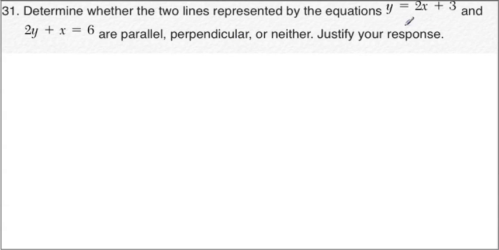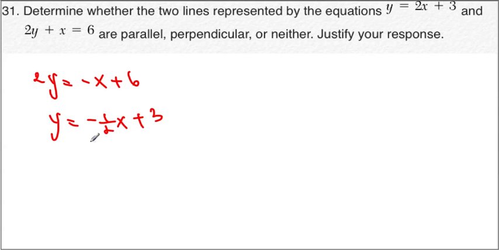What do you realize about these two lines? In order for us to do that, what we need to do is put them into y equals mx plus b format. So subtracting x from both sides, we have 2y must be equal to negative x plus 6. Now dividing by 2, y must be equal to negative 1/2 x plus 3. Now here, between these two lines, I understand that they have 3 at the end.